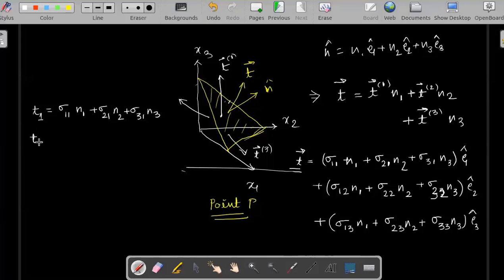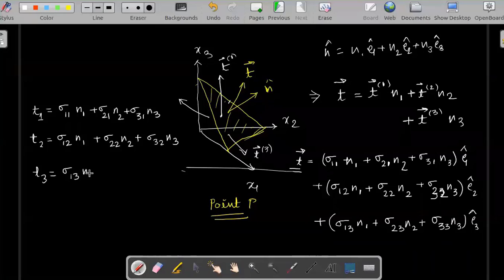Similarly, T2 is equal to sigma 1 2 n1 plus sigma 2 2 n2 plus sigma 3 2 n3, and T3 is sigma 1 3 n1 plus sigma 2 3 n2 plus sigma 3 3 n3.